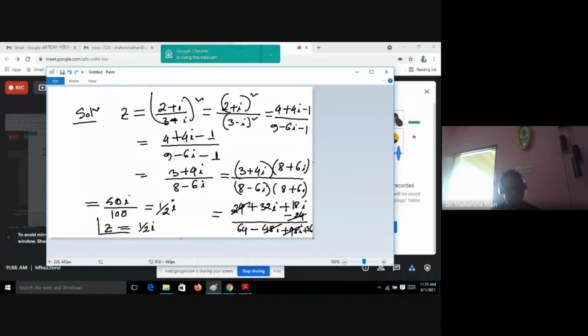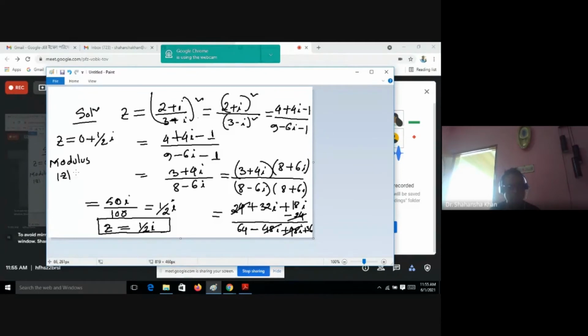Everybody clear up to this, the simplification of the complex number? Yes, sir. Now z equals 0 plus half i. There is no real part. So we find the modulus first.